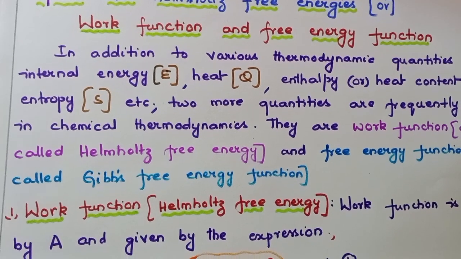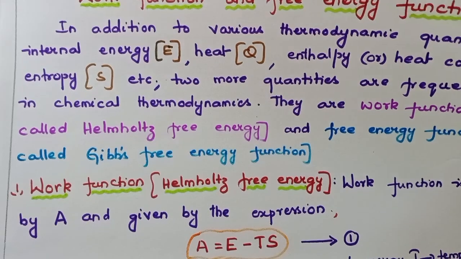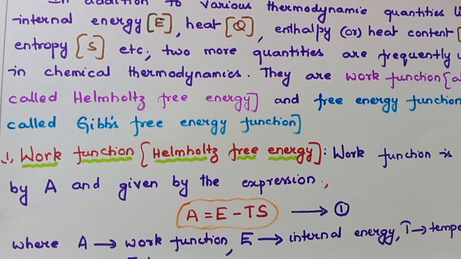Put the side heading number 1, work function, in the brackets Helmholtz free energy, and underline it, students. The work function is denoted by the letter capital A, and it is given by the expression A = E - TS.